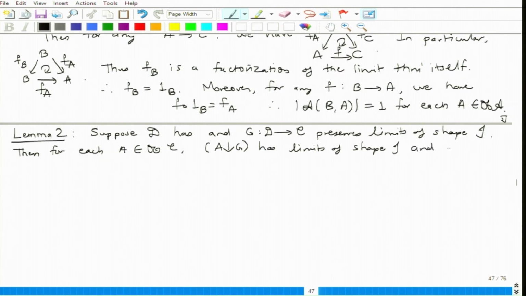and the forgetful functor U from A arrow G to what? Can you tell me what should be the codomain of this forgetful functor? What are the objects here? Do you remember what the objects are?